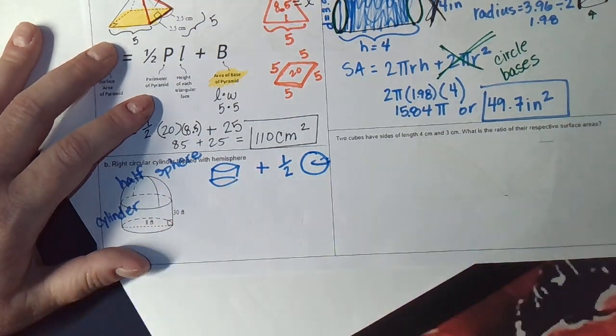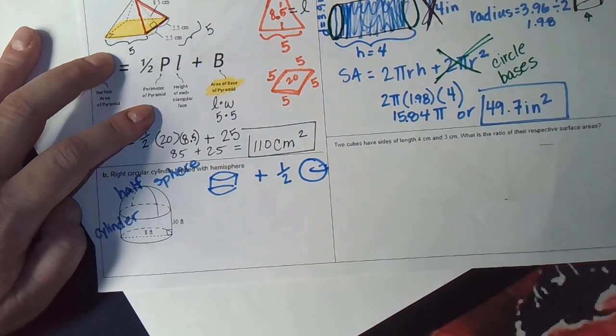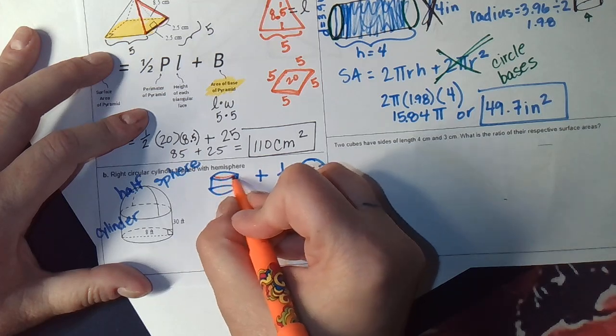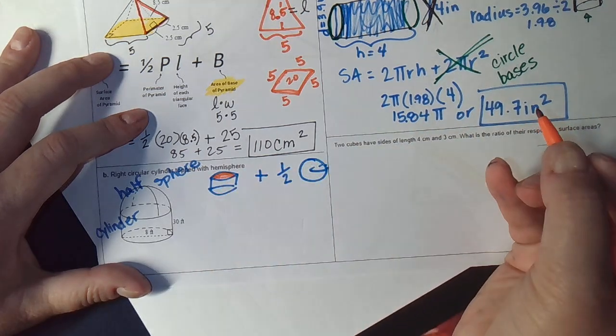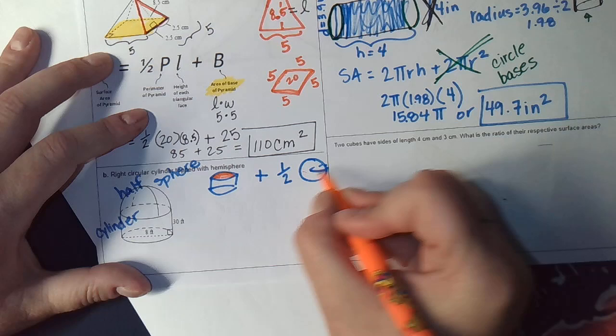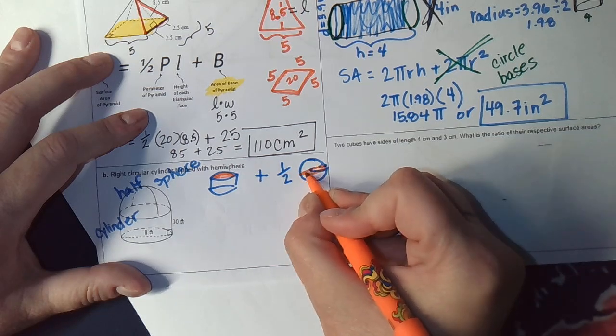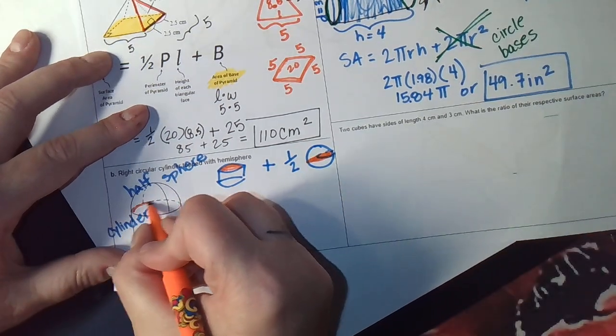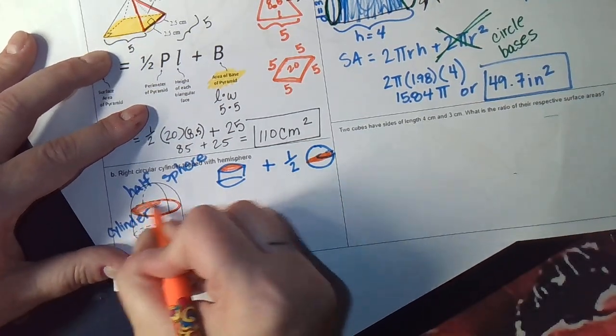The only thing is there's an overlap. Yeah, this top half of the cylinder overlaps with this bottom piece of the sphere.